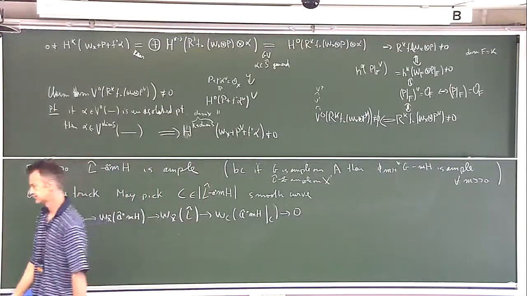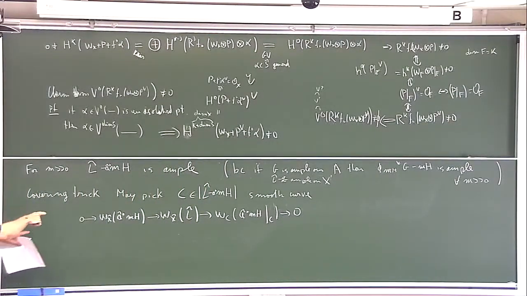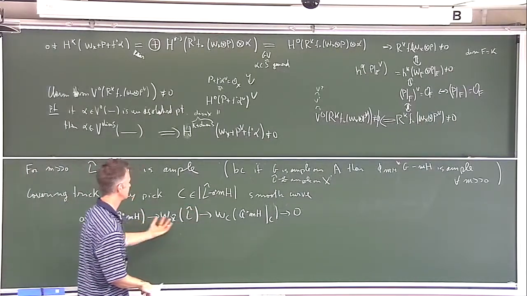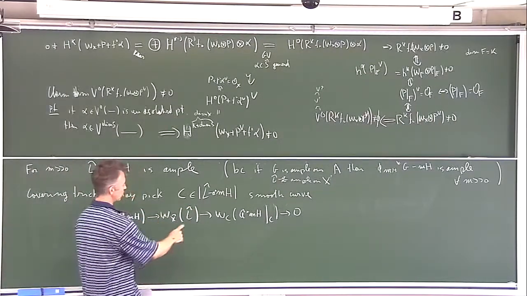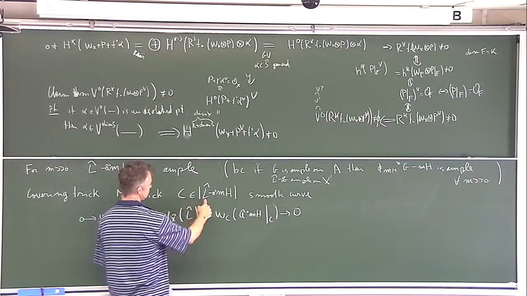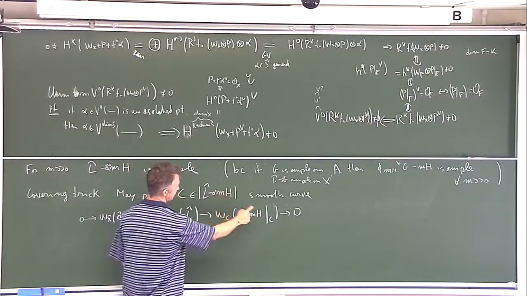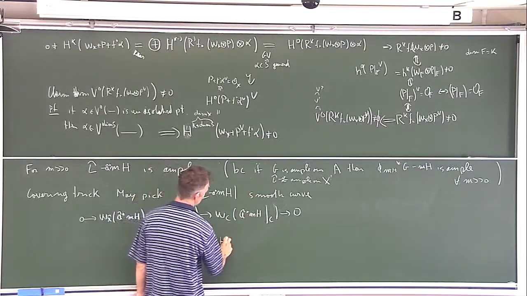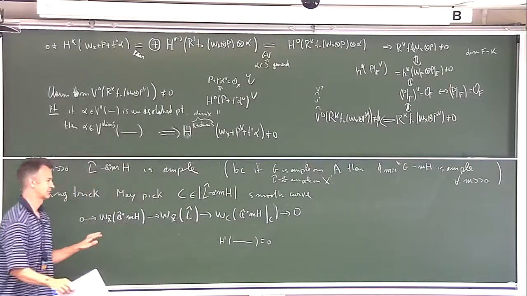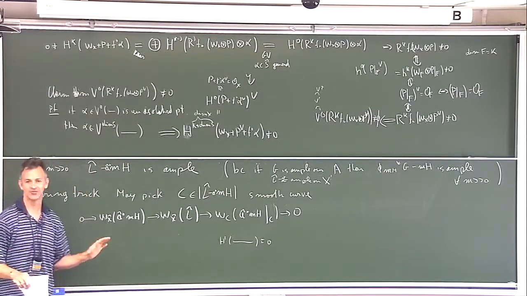Now the whole point of picking C in here is that I can consider this short exact sequence. So omega C is given by omega X hat plus C, and so you're left over with this A hat star MH restricted to C. H1 of this is 0 because Kodaira vanishing certainly holds on a curve in dimension 1.